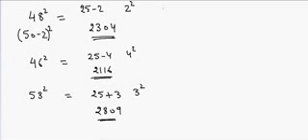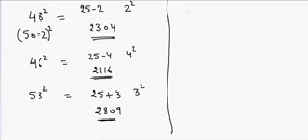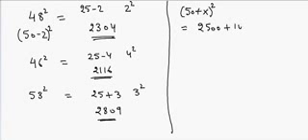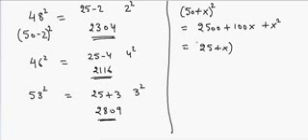How does this trick work? Let's look at the left side. If we have something close to 50, it can be written as 50 plus x square, and 50 plus x square can be written as 2500 plus 100x plus x square, or that will be equal to 25 plus x into 100 plus x square.